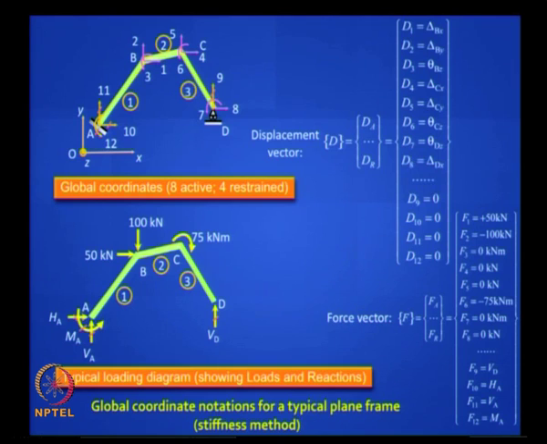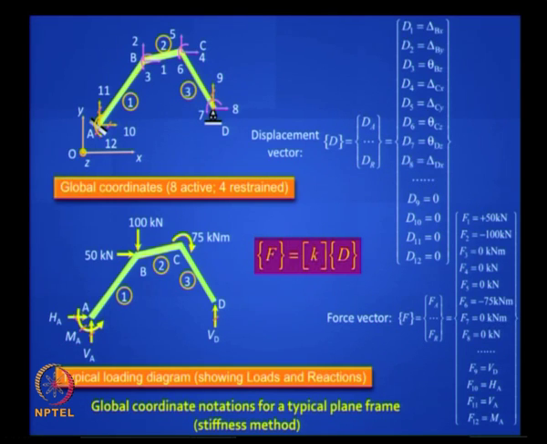Does this make sense? Very simple, we are going in baby steps, this is very straightforward. Now we also recognize that there is something called a stiffness matrix for the entire structure, which means if you tell me that on account of that loading I have a displacement vector d, then the force vector that caused that displacement vector must be F, and they are related by this equation F equal to kd.